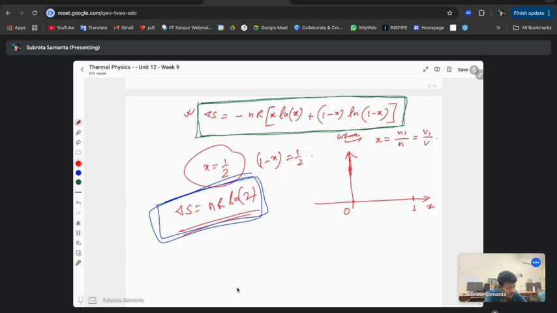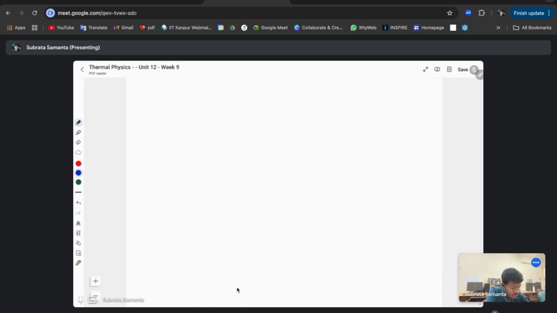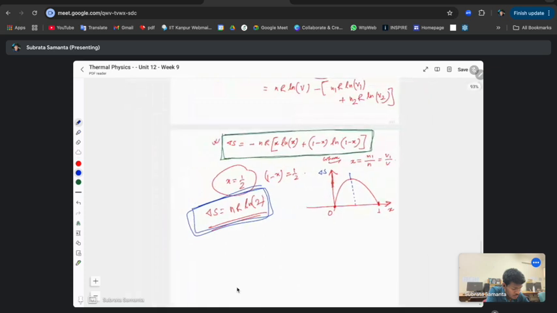If you plot this, where this is 1 and this is 0, this is your delta S, and the change in entropy is maximum when x is half.